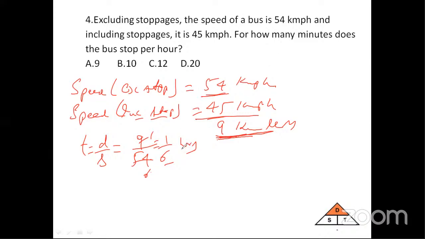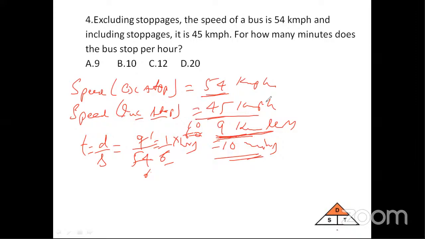We have to convert these hours into minutes. So 1 by 6 into 60, 6 tens are 60, so 10 minutes. 10 minutes is the right answer, which means the bus stops 10 minutes per hour.